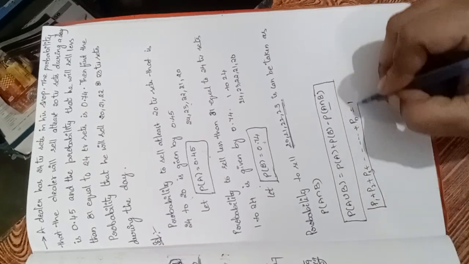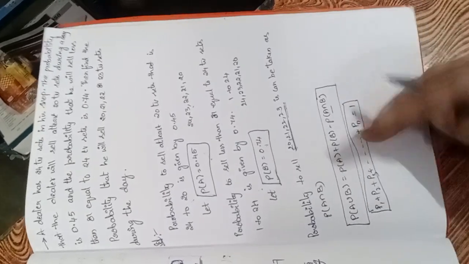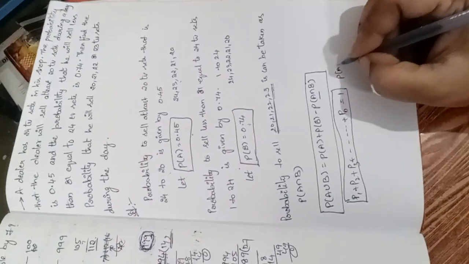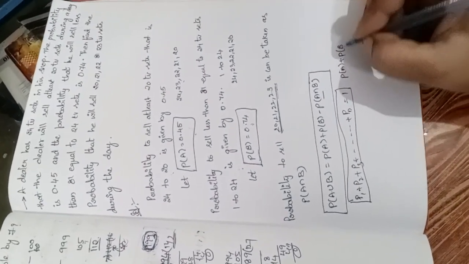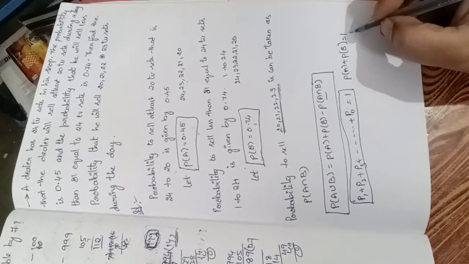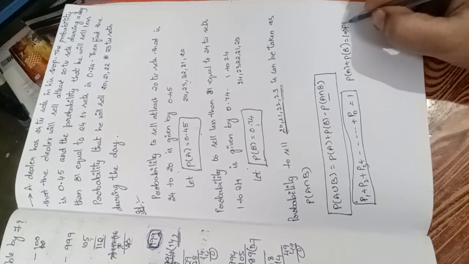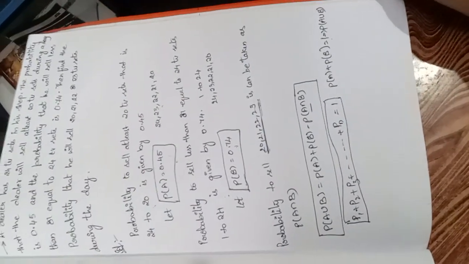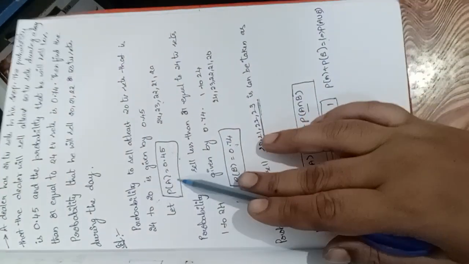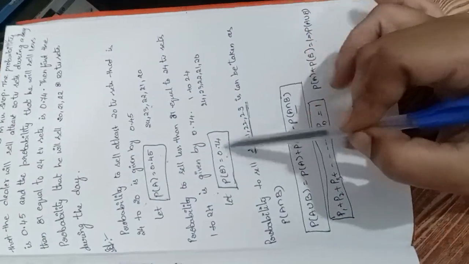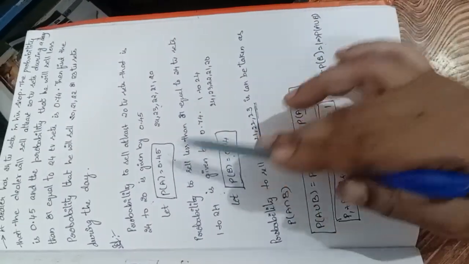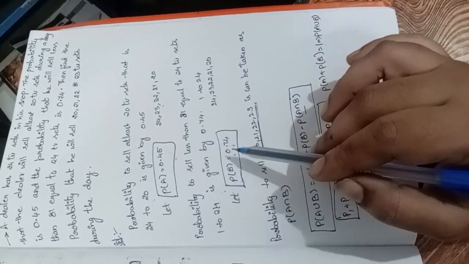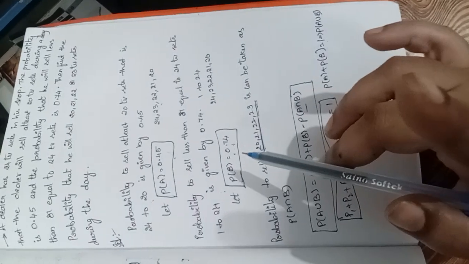So P of A plus P of B is equal to 1, which can be taken as P of A union B. Here we have only two events, this is one event, this is the second event.